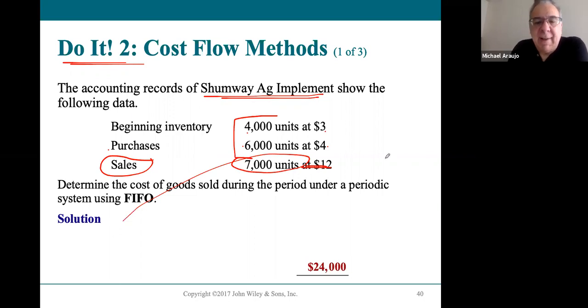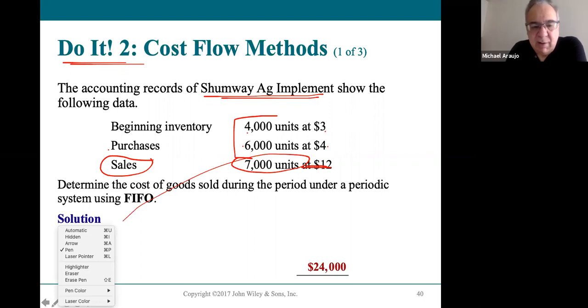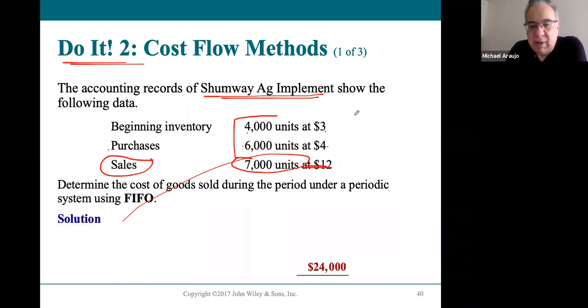So again, it's the total amount that they have, and that's really important here. So here we know we have 10,000 units.